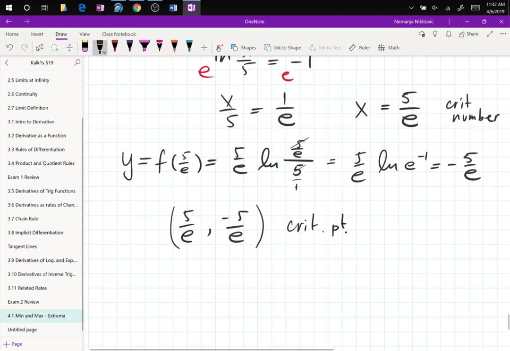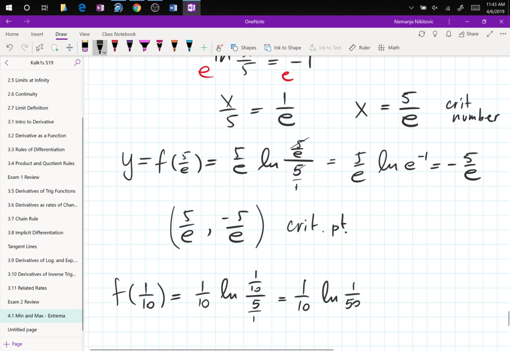Now we calculate f of 1 over 10, that's your 0.1, which is, what was the function? 1 over 10 ln of 1 over 10 over 5, which is 1 over 10 ln 1 over 50.